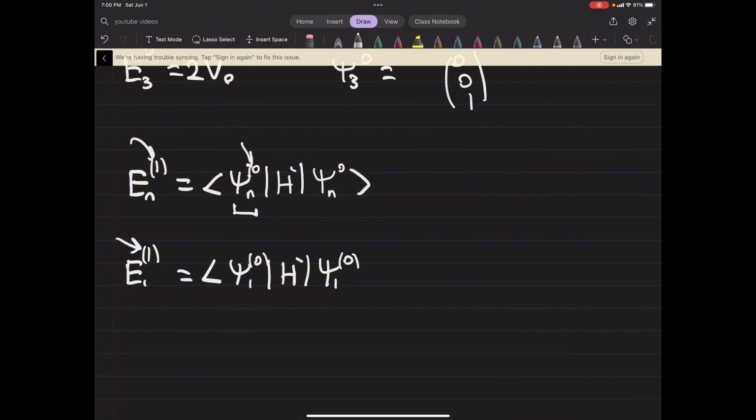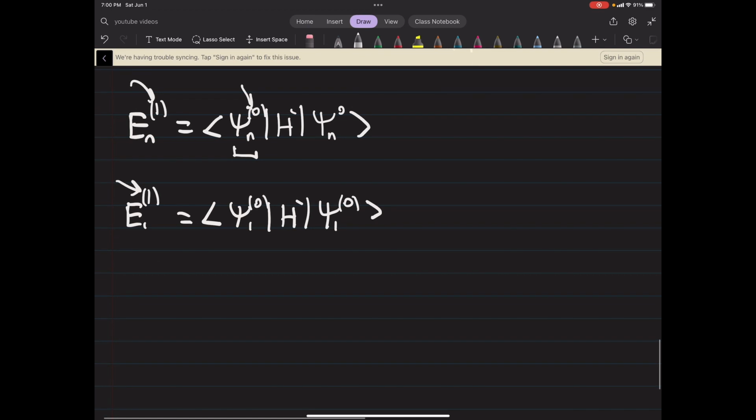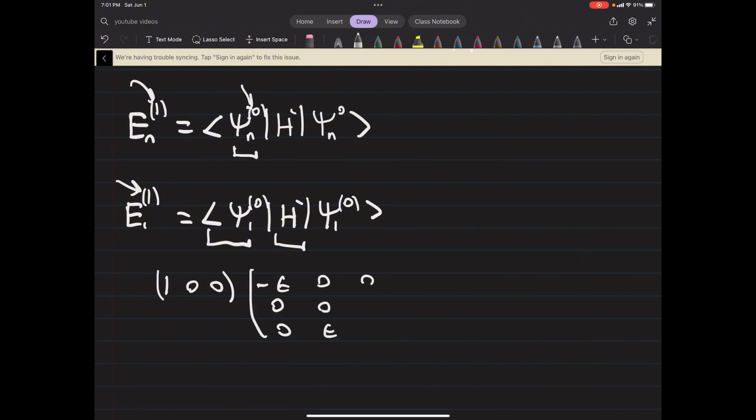Usually they put parentheses around this. And remember, this turns our matrix on its side. Comes 1, 0, 0. This is right above, so I'm just going to write it down again. That is the Hamiltonian that we found. And this is right side up.